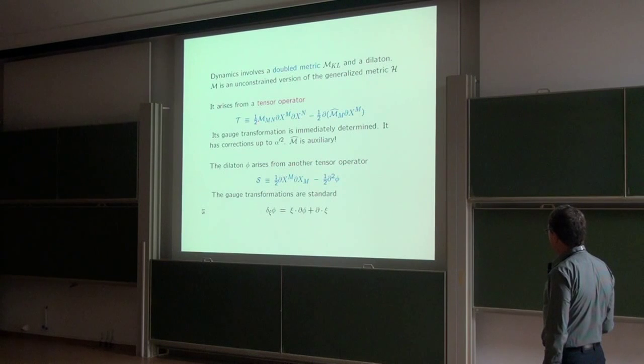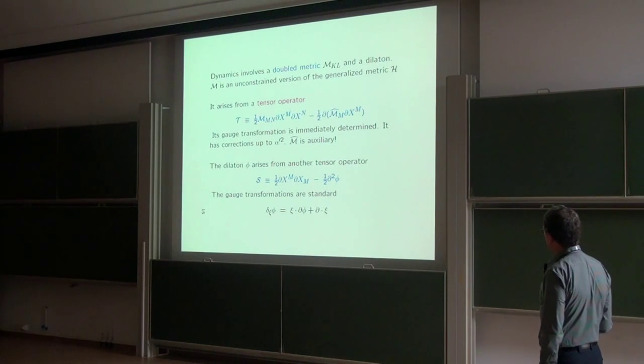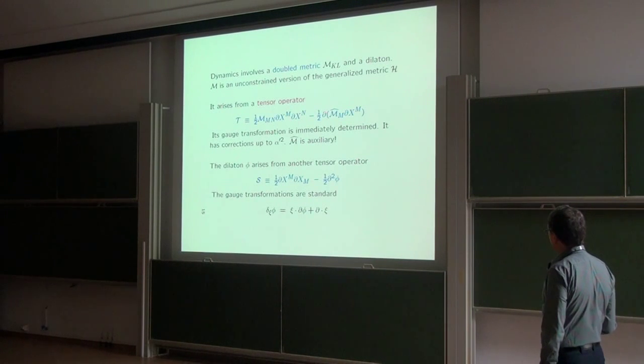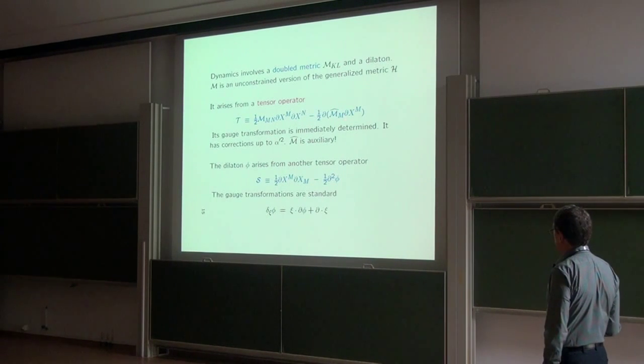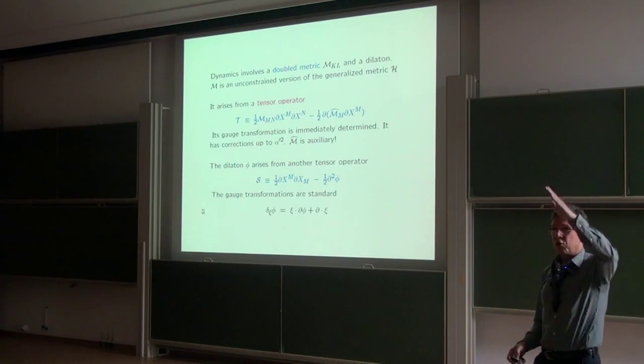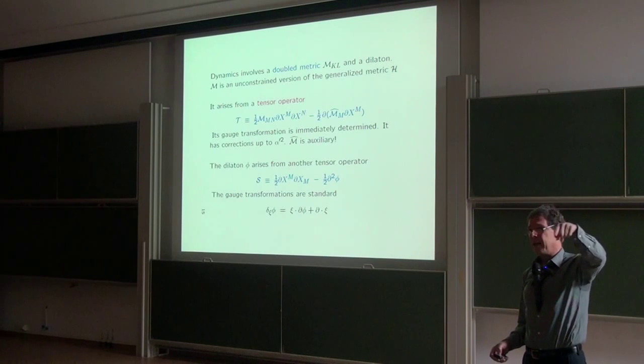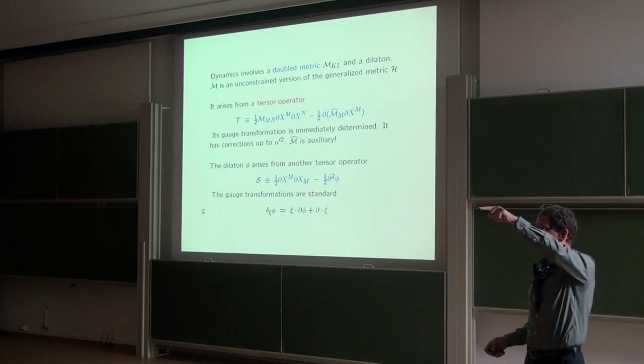You can define a tensor operator in which an object like a metric is in here. And then, as I mentioned, the tensor operator has an extra piece, and here this object is an auxiliary field to be determined. The gauge transformations of these fields are uniquely determined because you just do the OPE with the gauge current.